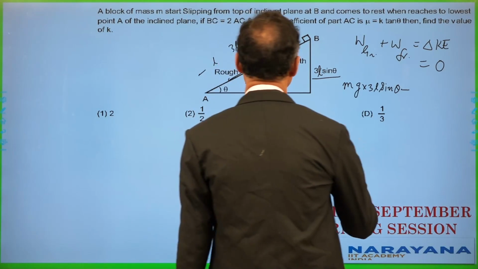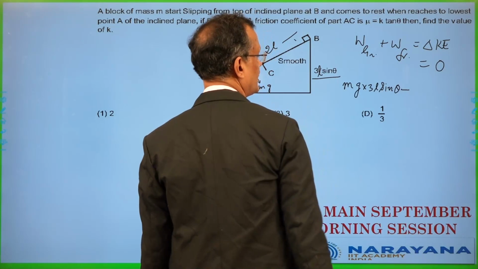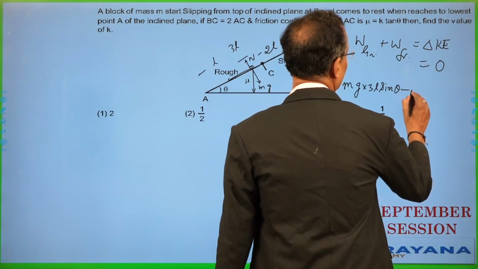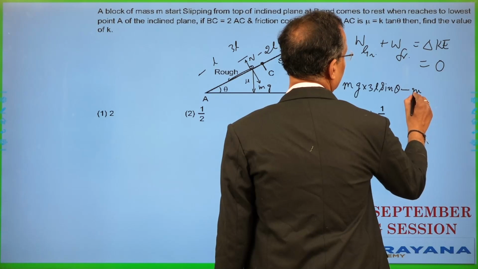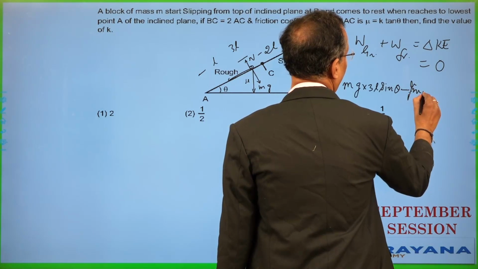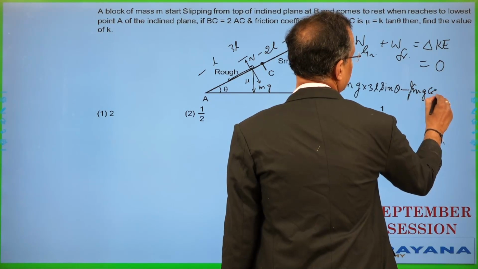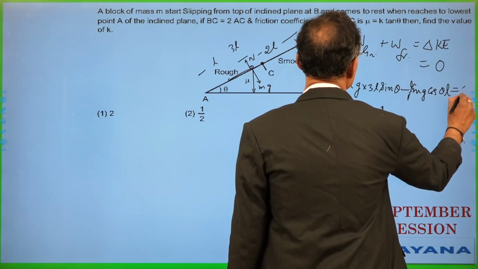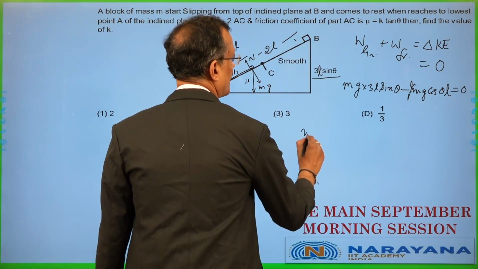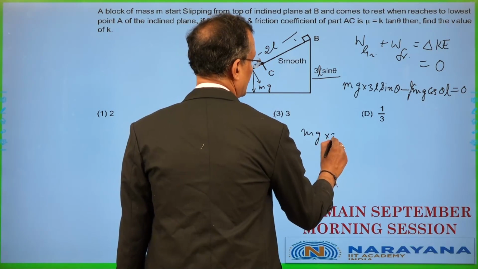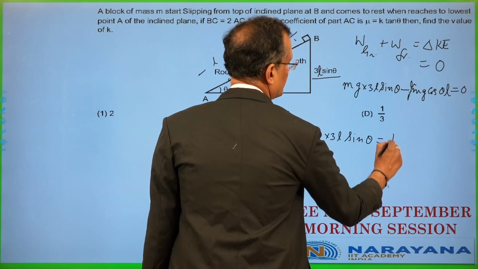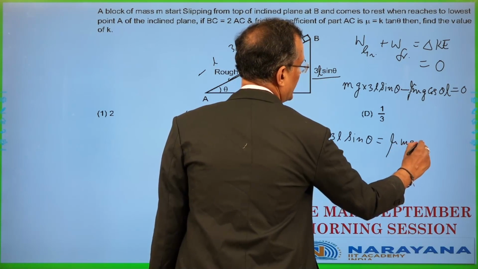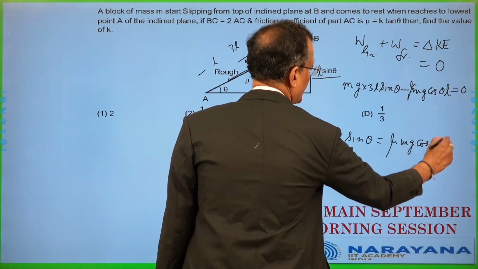So it moves only for length L. So the force is mu mg cos theta into L, and this is 0. So mg 3L sin theta equals mu mg cos theta into L.